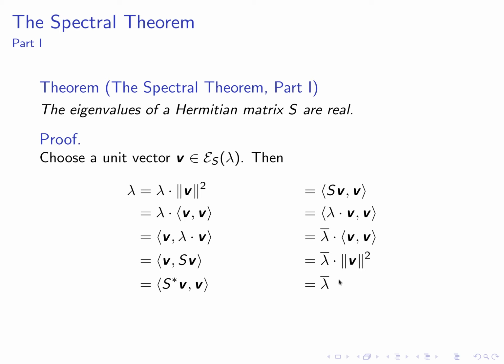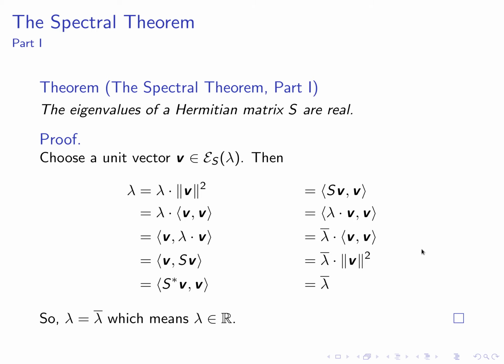So we have successfully argued that if lambda is any eigenvalue of a Hermitian matrix called S, then lambda must equal its own conjugate, but the only numbers that equal their own conjugates are the real numbers. So this successfully argues that lambda had to be a real number to begin with.